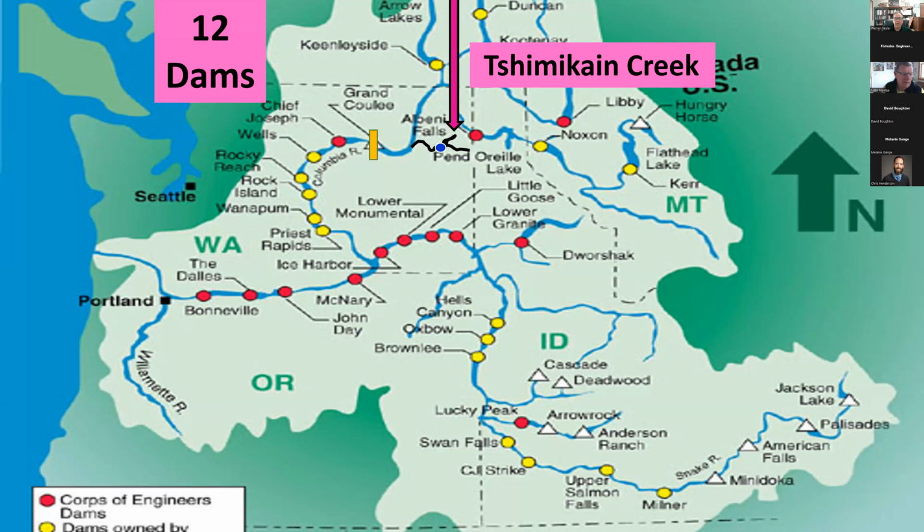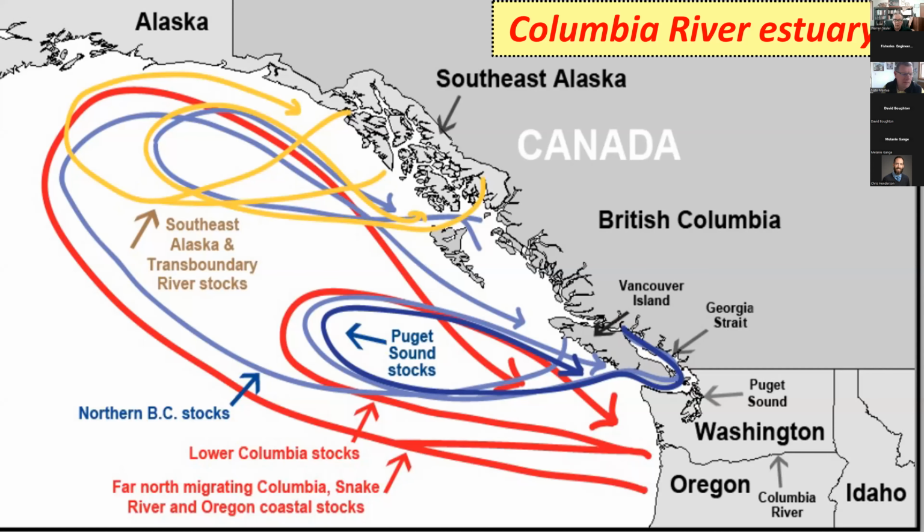It's 12 dams away from the ocean. So we had to prove that these fish would go through these 12 dams, most of them through the turbines, and make it to the ocean. And then once they got to the ocean, make another 2,000 to 3,000 mile journey to return home to us. Quite a feat that we had to prove.